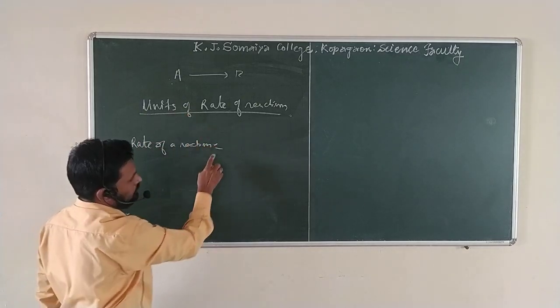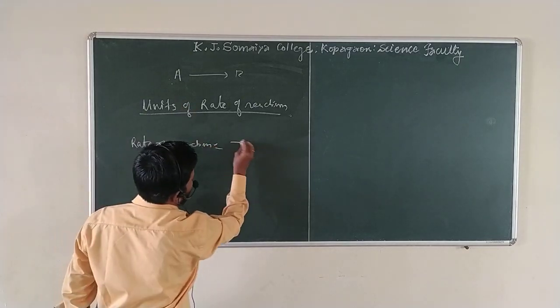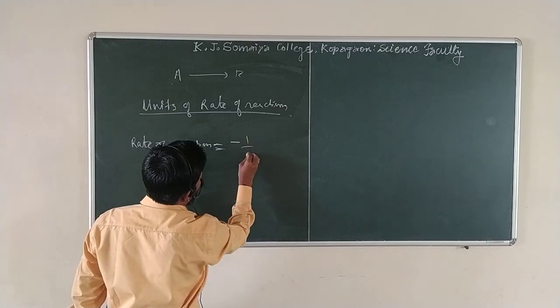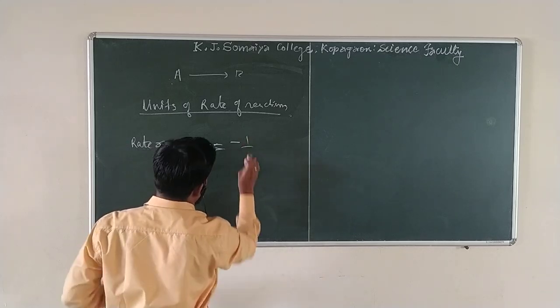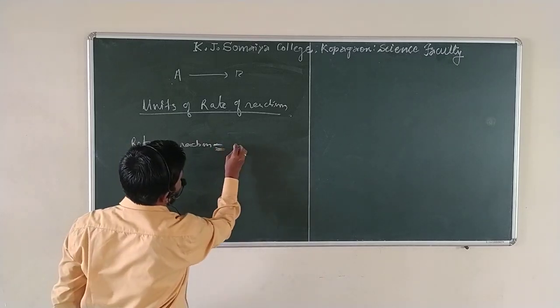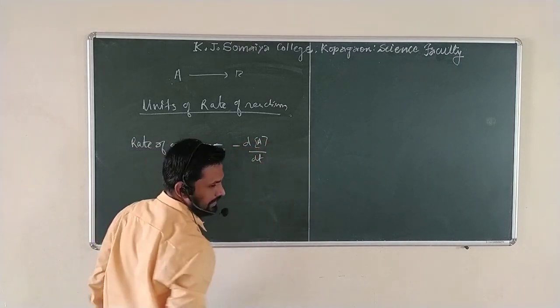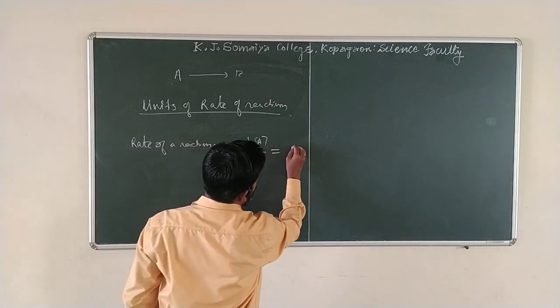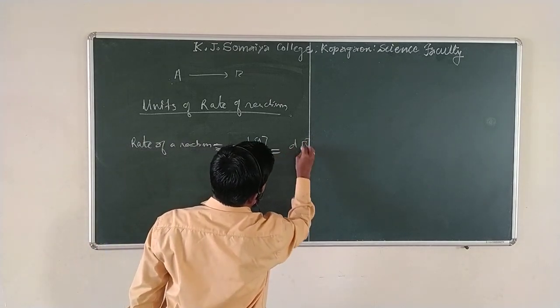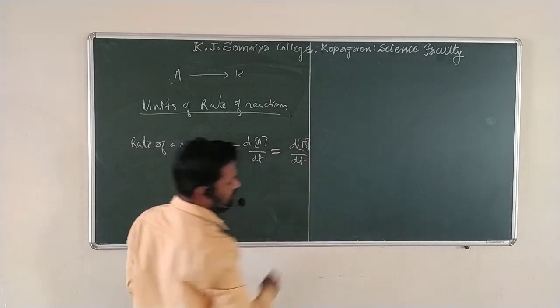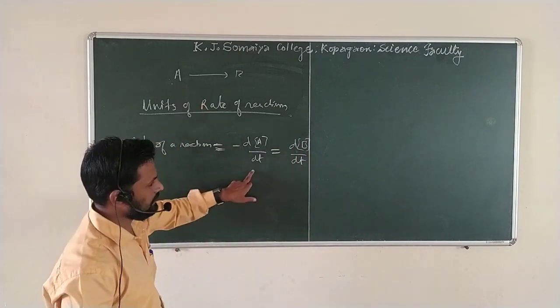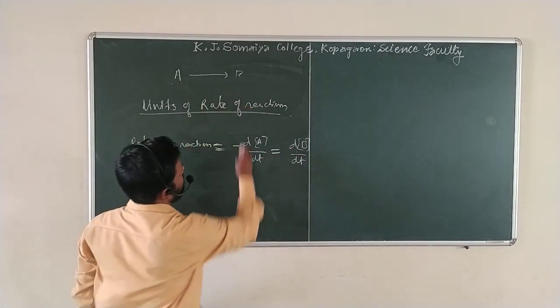For example, if I want to write the rate of reaction, for this reaction, here no stoichiometric amount is there, just write minus dA upon dt in terms of the reactants, or it is equal to d concentration upon dt. Means what? Decrease in the concentration of A, increase in the concentration of B.